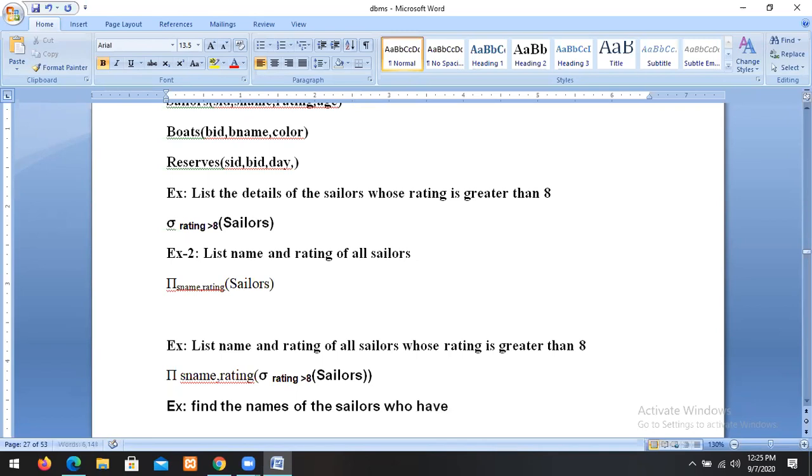Suppose this is the question. I want to write this in relational algebra. How to write the relational algebra?